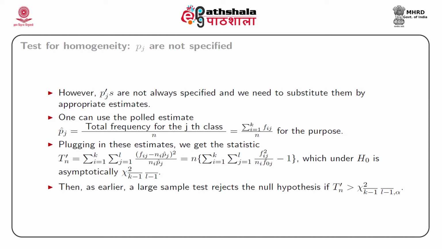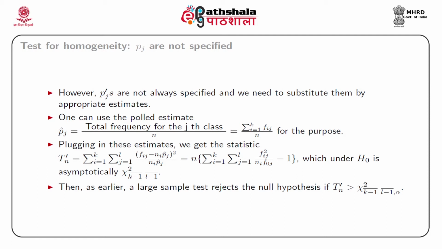Again, we have some reduction in degrees of freedom, and this is because of the linear restrictions imposed by estimating Pj using Pj hat. So as earlier, one can construct the large sample test, a right tailed large sample test.